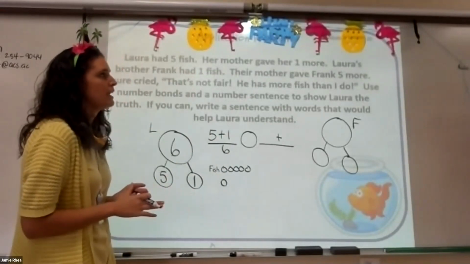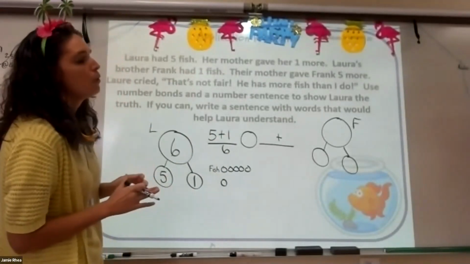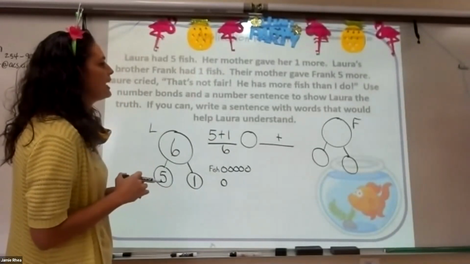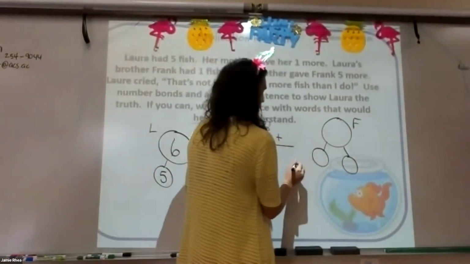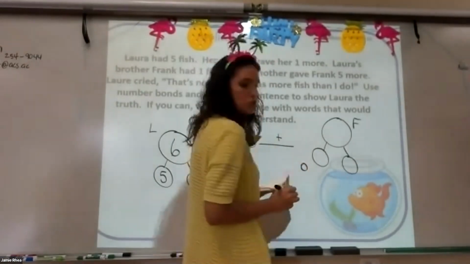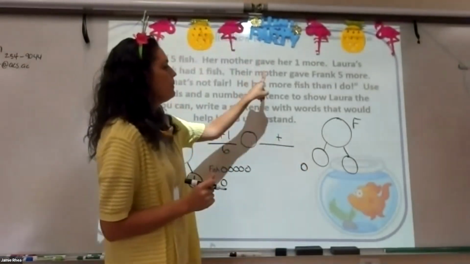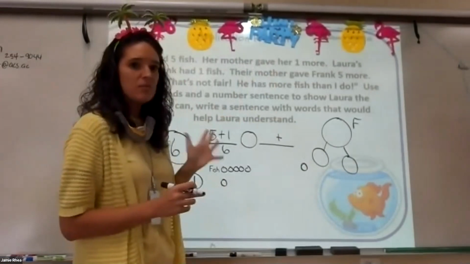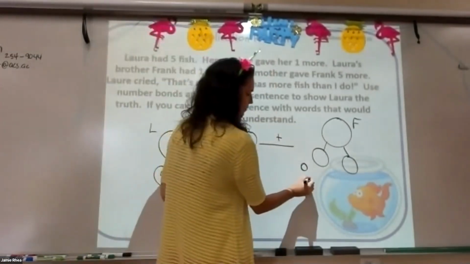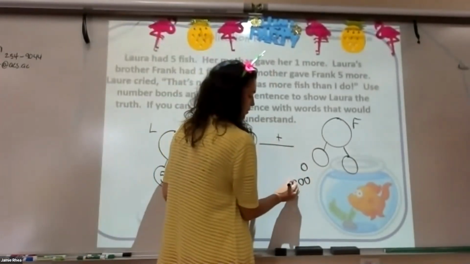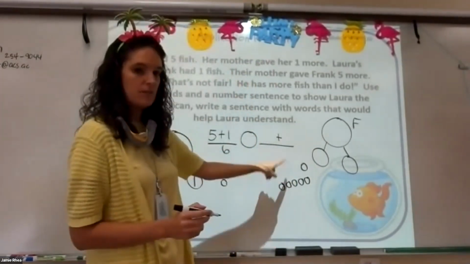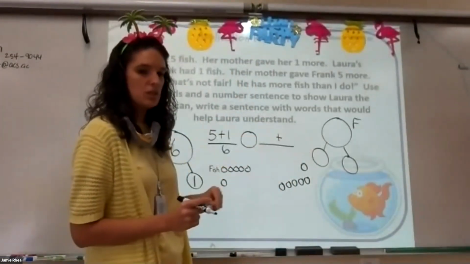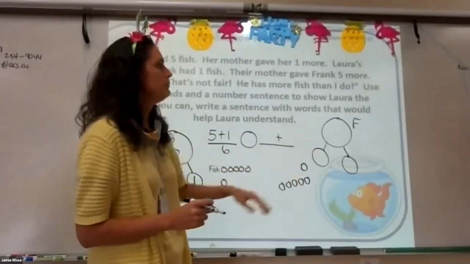Their mother gave Laura's brother, Frank, had 1 fish. So I'm gonna come over here and I'm gonna make his 1 fish. Their mother gave Frank 5 more fish. So let's draw 5. 1, 2, 3, 4, 5. Can we use that information and fill in our chart or our number bond?